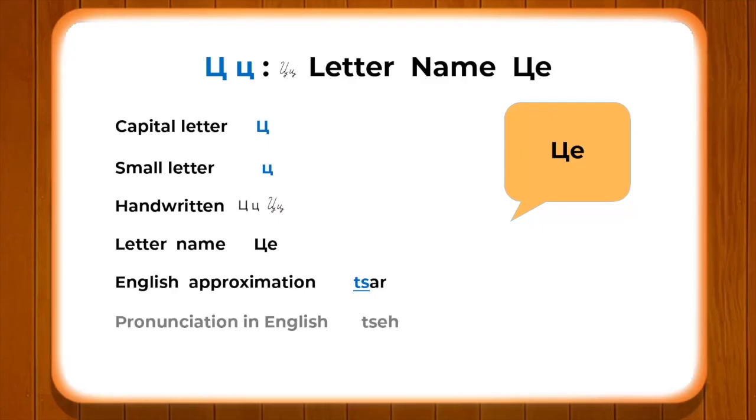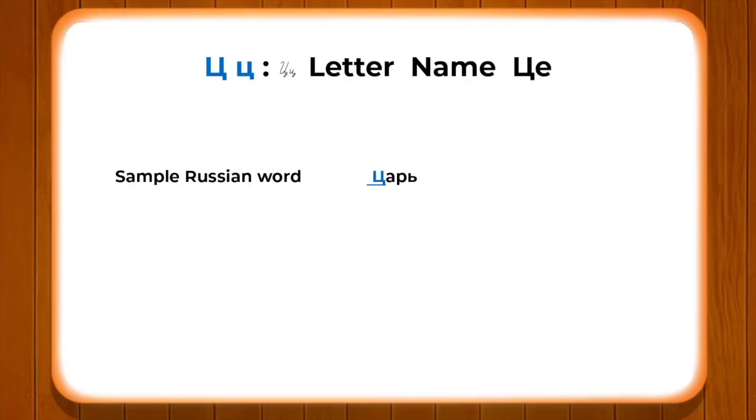In order to pronounce it properly, you have to make a combination of two different sounds, T and S together, Ц.